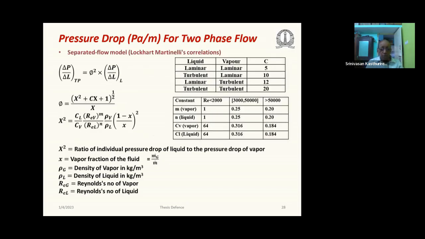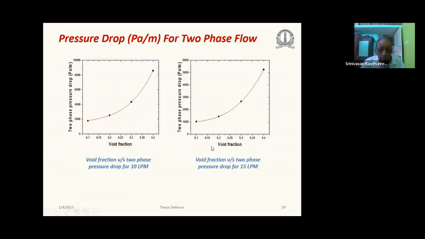Okay. What about the two phase flow pressure drop? For the two phase flow pressure drop, we are using exactly the same Lockhart-Martinelli correlations that we defined in the earlier section, using the same formulas given earlier. As you increase the void fraction, you get more and more vapor.